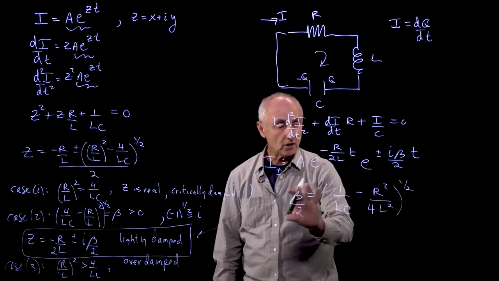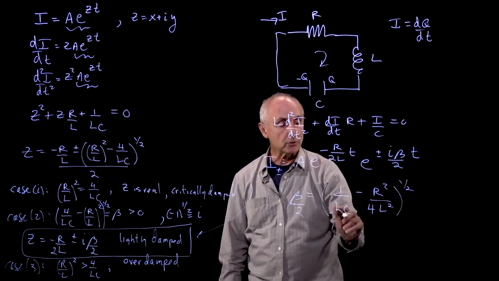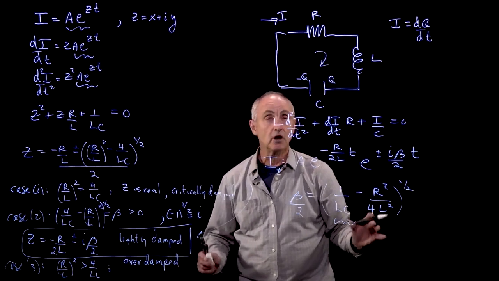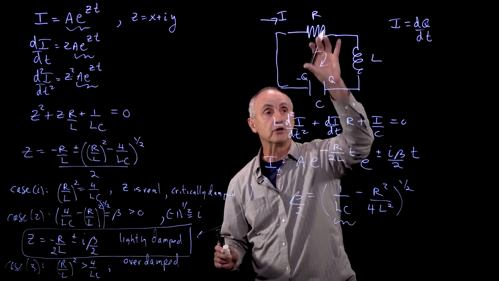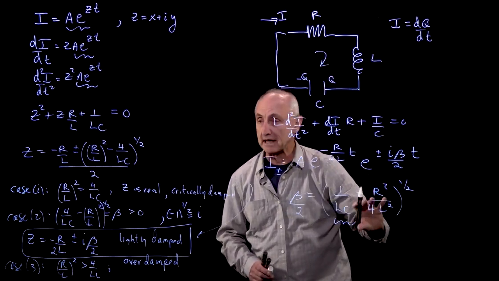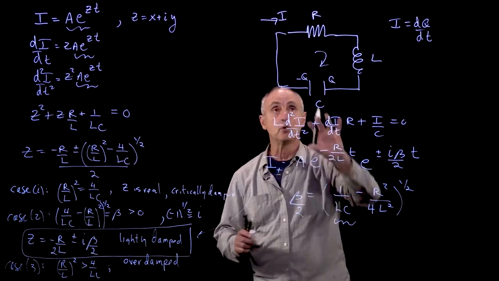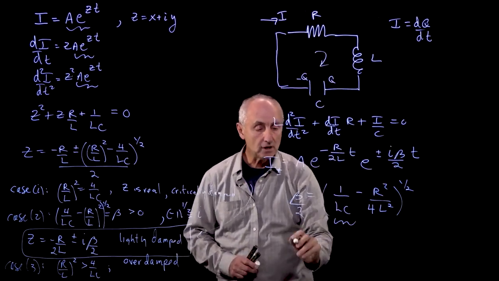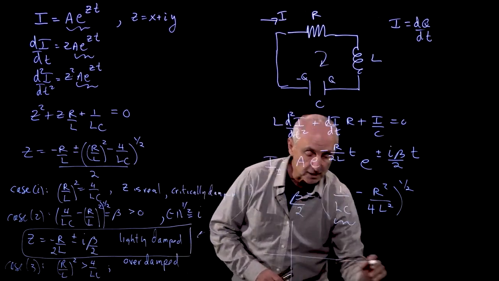And what we see here in the oscillating frequency is the underlying frequency of the pure LC circuit, but the oscillating frequency is a little bit less by this second term. So the oscillations here are damping down by an exponential.